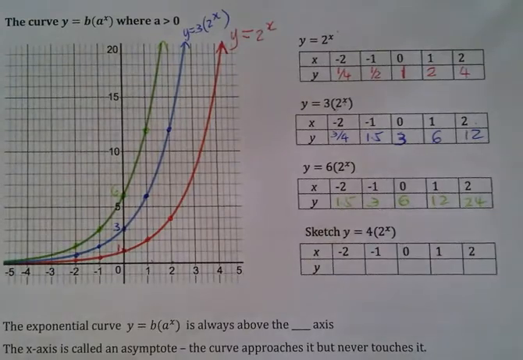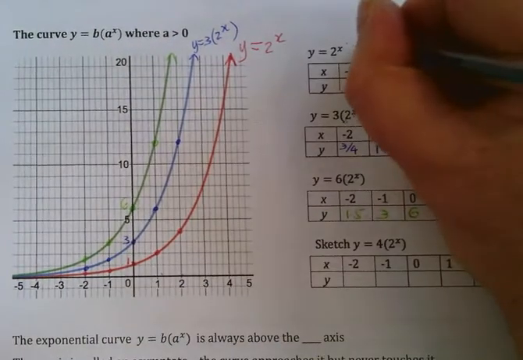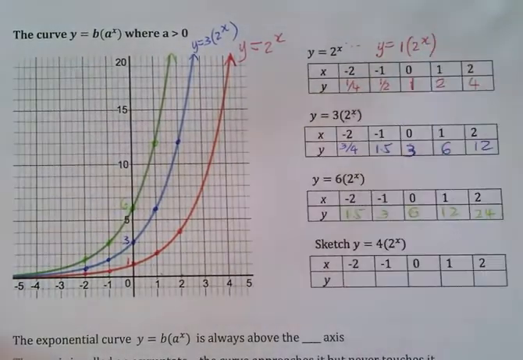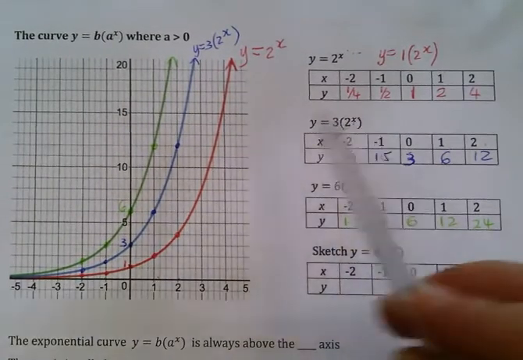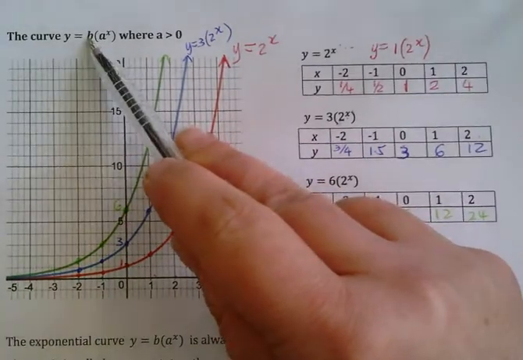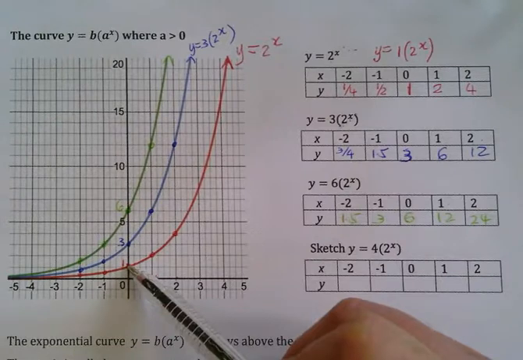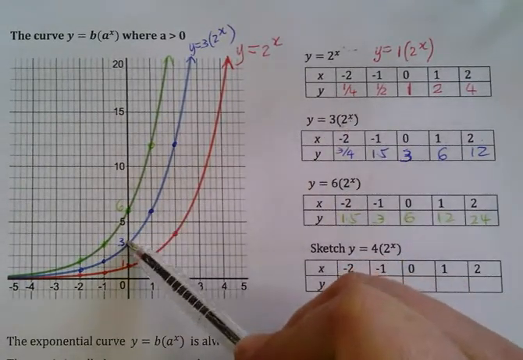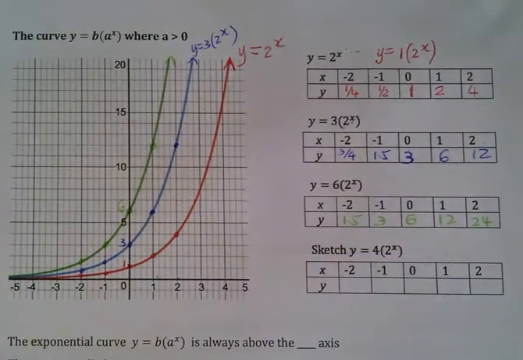Now, y equals 2 to the power of x really is y equals 1 times 2 to the power of x. Because when you substitute x is 0, you get 1 here, the y-intercept will be whatever value of b that you've got. See, this is 1 times 2 to the power of x. It cuts the y-axis at 1. This is 3 times 2 to the power of x. It cuts the y-axis at 3. 6 times 2 to the power of x cuts the y-axis at 6.